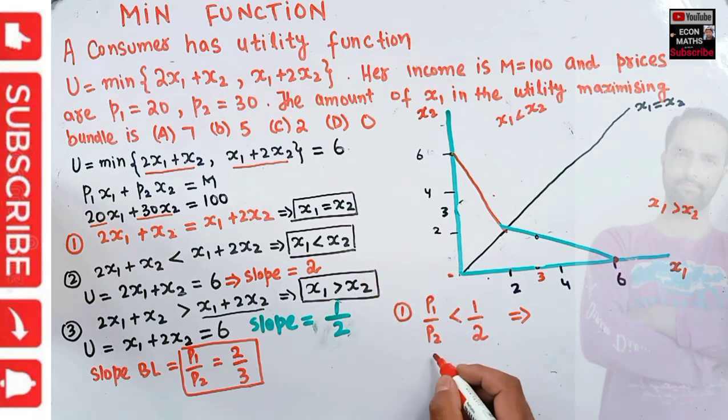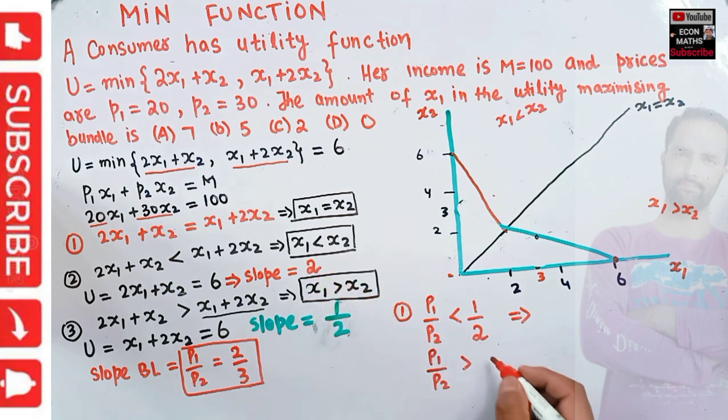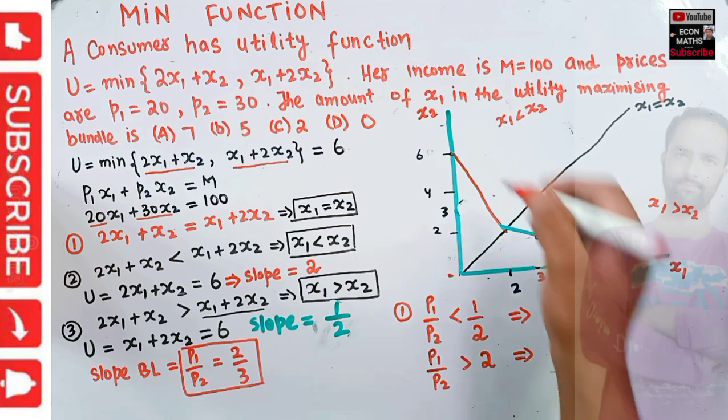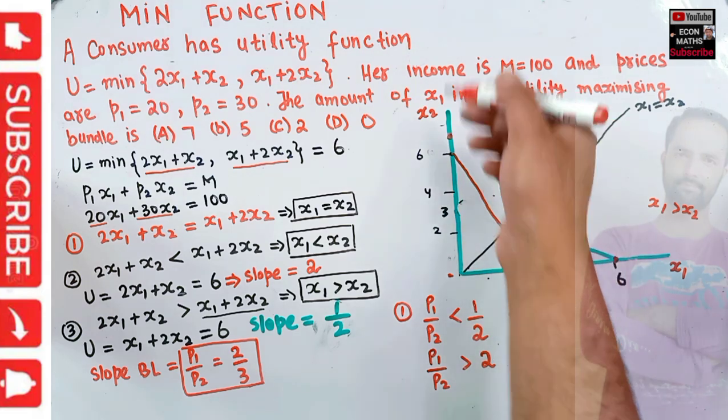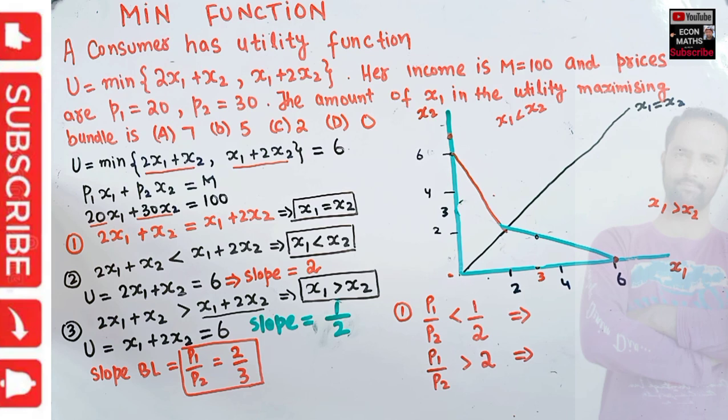If p1 upon p2 is greater than 2, so the slope of the budget line is steepest, in this case the consumer will consume all units of x2.